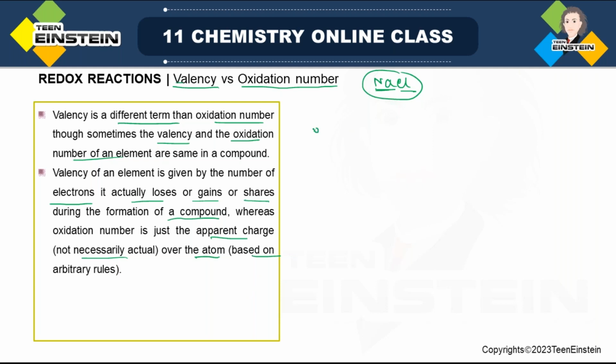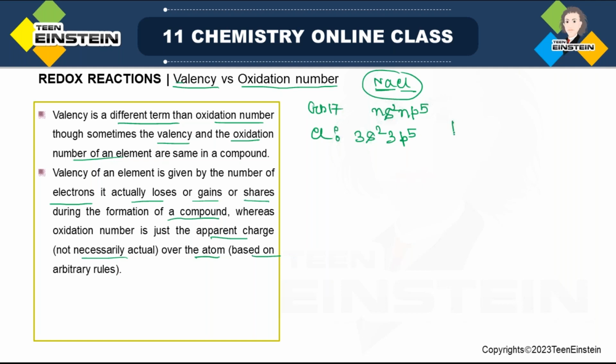Just for example, if I am saying chlorine, now the valency, if we see after noble gas configuration, as it is from group 17, the general electronic configuration is ns2 np5. Now chlorine is from the third period, so its outermost electronic configuration will be 3s2 3p5.